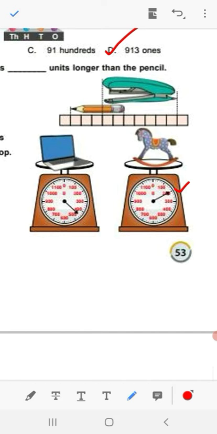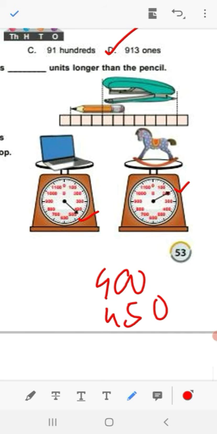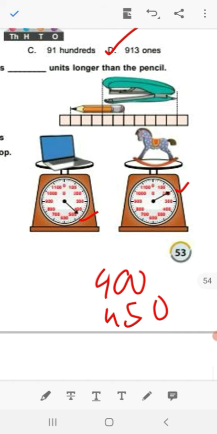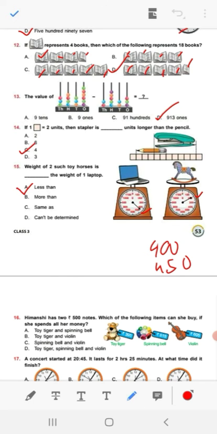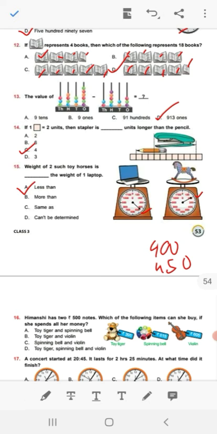So 2 horses weigh a total of 400. And the laptop weight is 450. So 2 horses weigh less than the laptop. So option A is correct here.